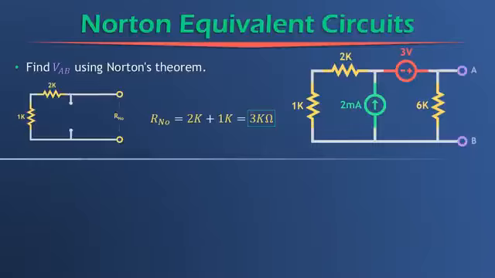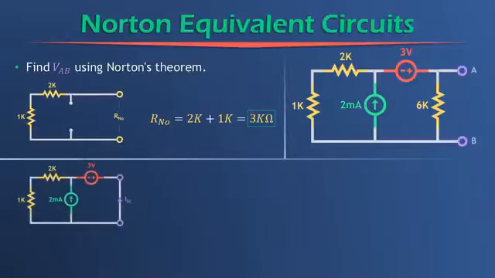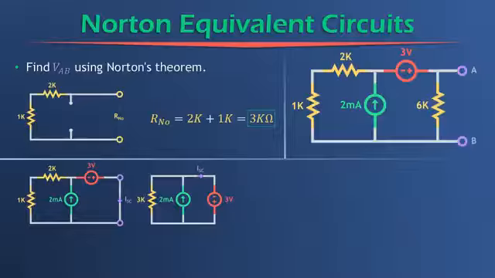Now we have to find I Norton. So how do we do that? I redrew the circuit down here, except now I removed the 6 kilo ohm load resistor, and I've short circuited the output. Next, just for visualizing, I've moved the voltage source over there so I could see a little better. You don't have to do that, it's personal taste.